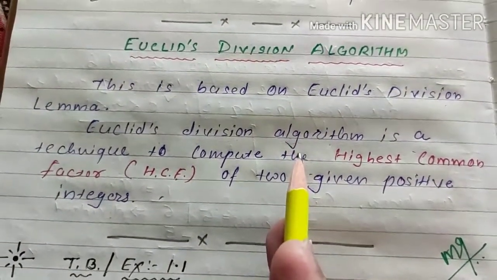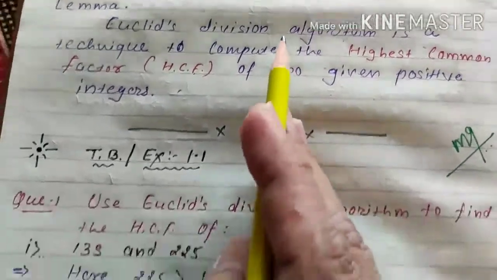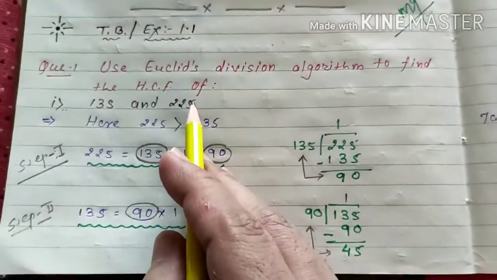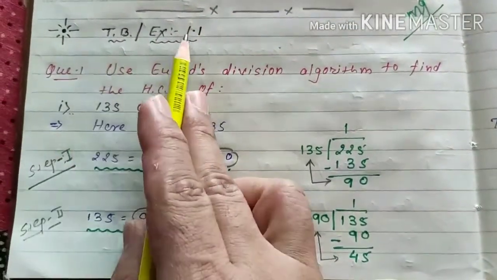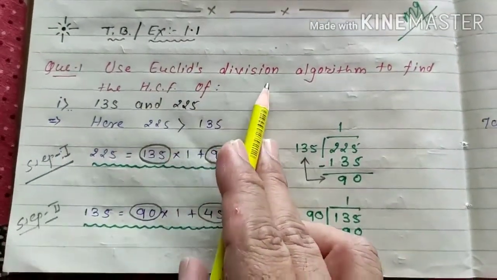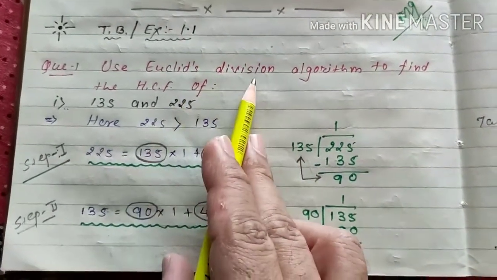Okay. Now we just start our textbook exercise 1.1, which is very easy. Question number 1 of exercise 1.1. Use Euclid's division algorithm.